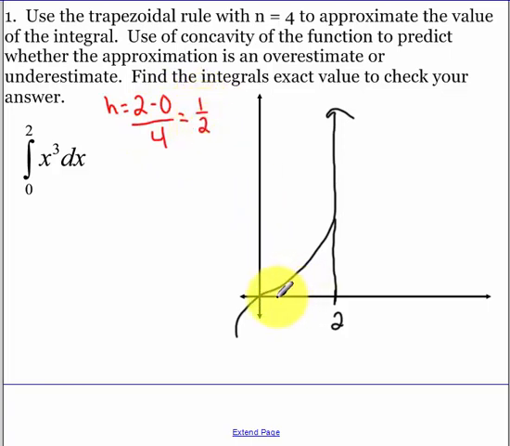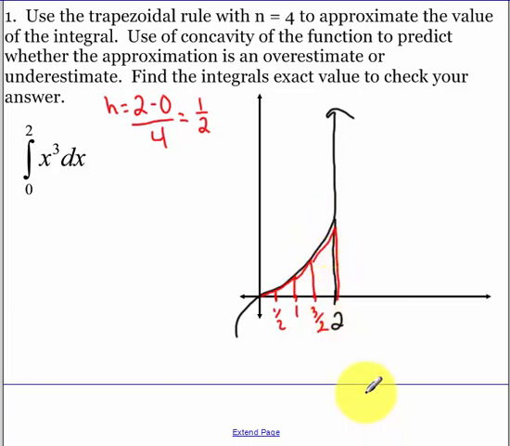So we go to 1/2, and we have our first trapezoid. I apologize, I think I keep saying rectangle. Our second trapezoid, go to 1.5, and we have our next trapezoid. And I wish I would have exaggerated this graph a little bit so you could see the trapezoids that we have drawn in there.